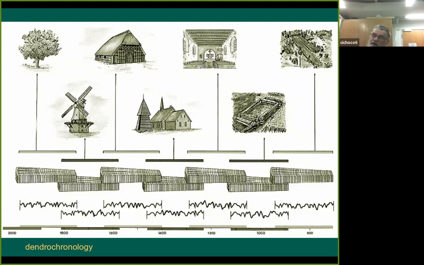And then ring by ring, it goes back. Then you take samples from maybe some buildings, and these samples, usually dry preservation, will provide samples which hopefully overlap in time with the samples before, and then you can lengthen your standard back in time.